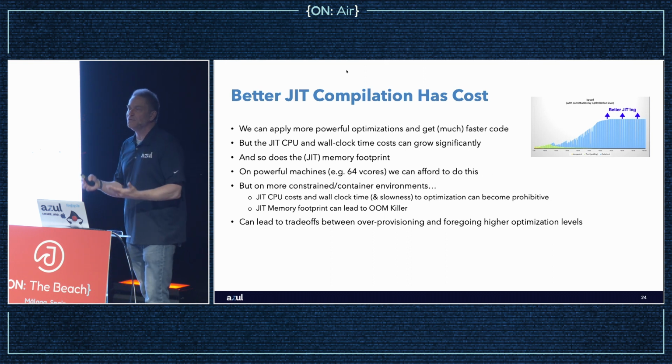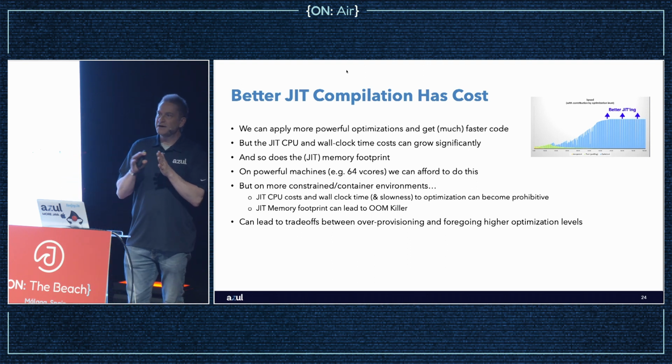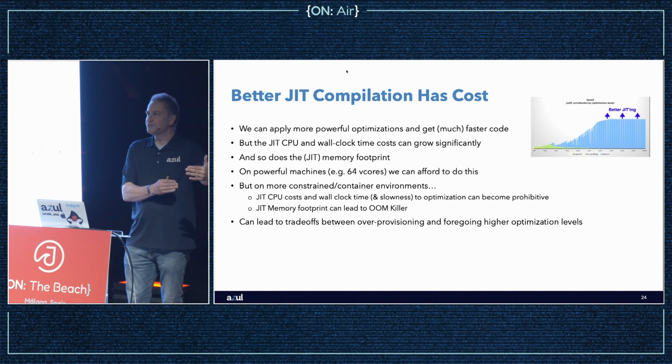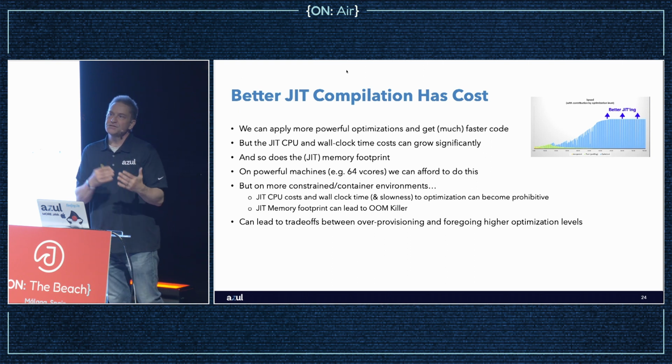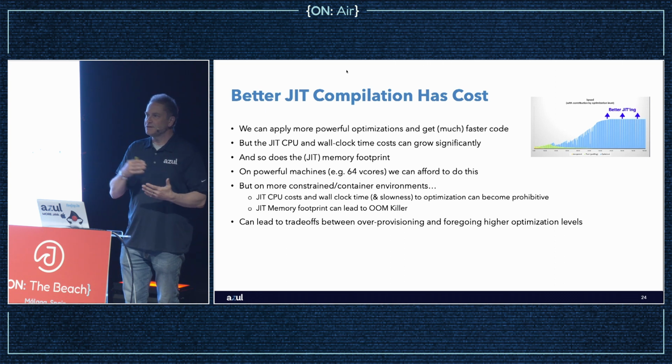Similarly, we might find that we run out of memory, so we get out of memory errors. So we end up with a trade-off between provisioning more resources for the containers that we want to run our service in to handle the extra compiling, versus the performance we're going to get overall to generate better throughput for those services. So it's a bit of a balancing act.